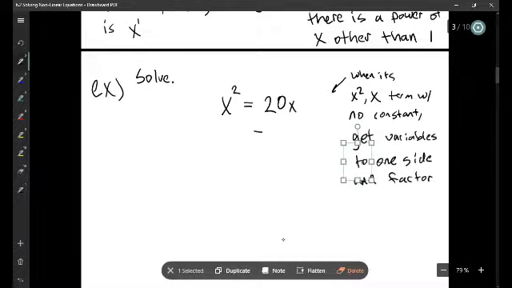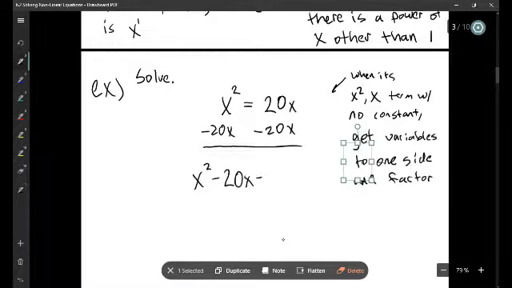So minus 20x on both sides, and we have x squared minus 20x equals 0.